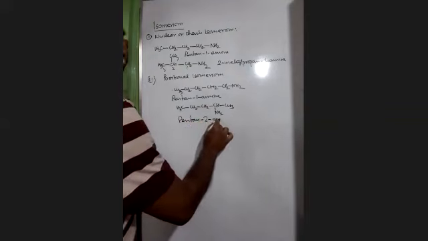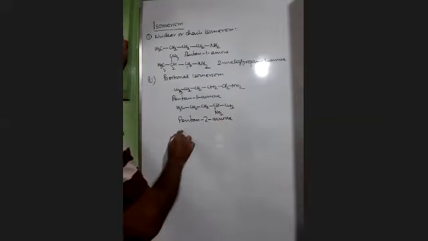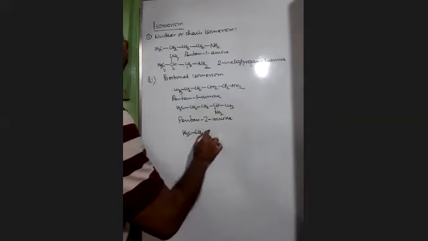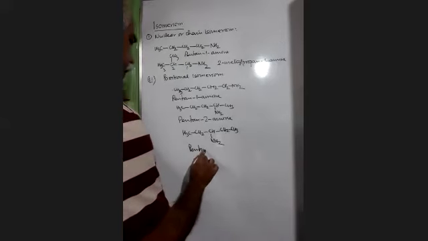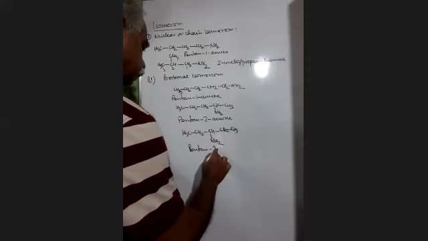Hey, Damian. See, this is pentan 3-amine. So these are the positional isomers.